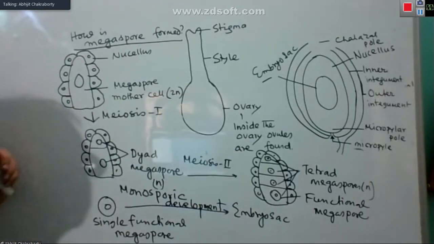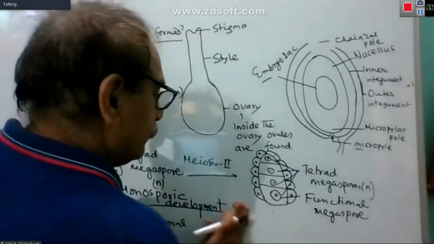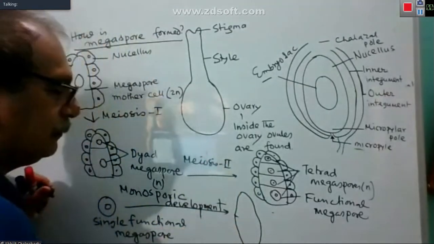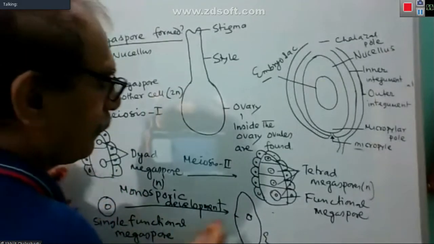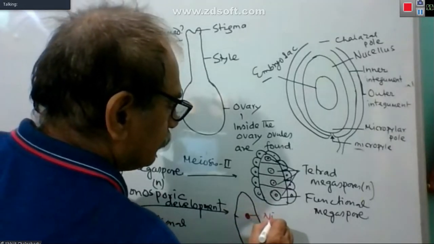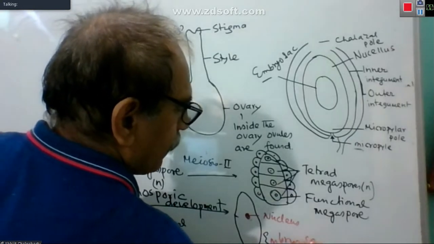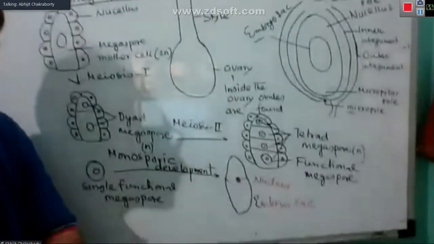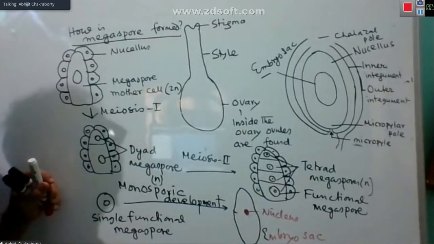When a single functional megaspore gives rise to embryo sac, this is the embryo sac. Then this is called the monosporic development.